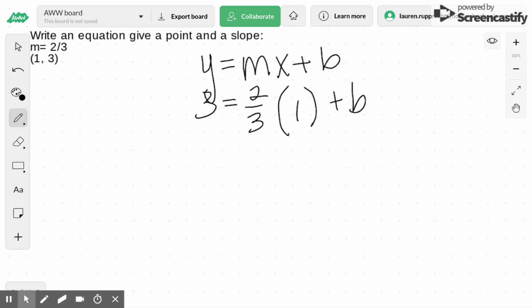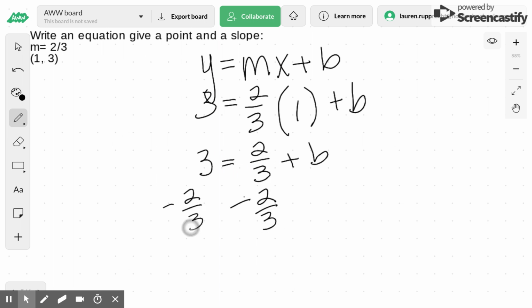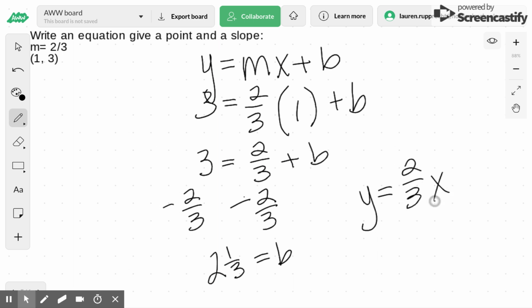So I simplify. 3 equals 2/3 plus b. Inverse operations, I subtract 2/3 from both sides. 3 minus 2/3, you can use your calculator if you need to, is 2 1/3 equals b. So my equation is y equals 2/3 x plus 2 1/3.